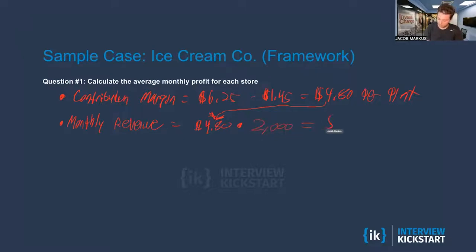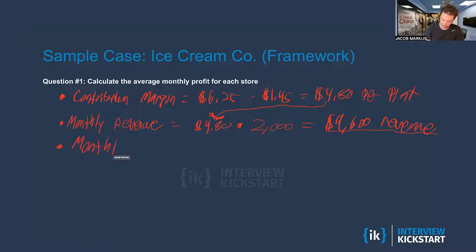So that's $9,600 in revenue per month per store. And then again, that's speaking to the context of the case. I don't know if that's good or bad. It seems reasonable for an ice cream store to be generating $10,000 in revenue. It's not billions, so it passes my sanity check.